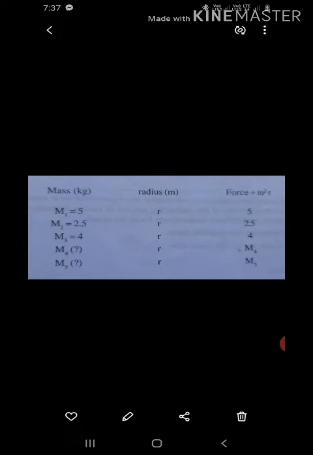So 5 into 1 is 5, 2.5 into 1 is 2.5, 4 into 1 is 4, m4 into 1 is m4, m5 into 1 is m5. Taking all r as unity and multiplying both, we have the same as the mass.